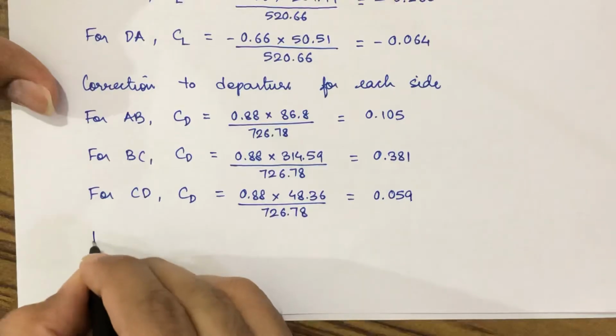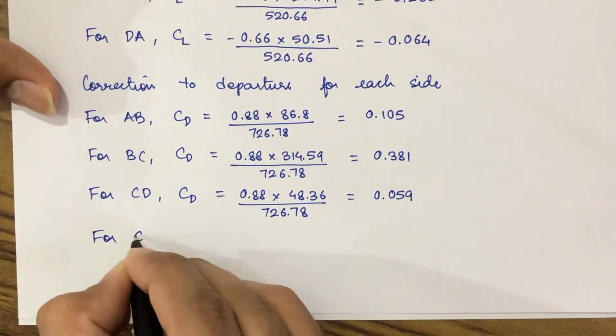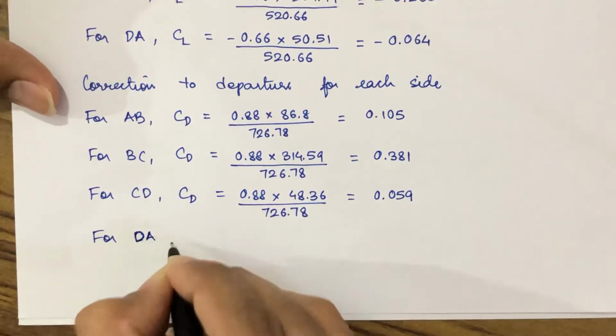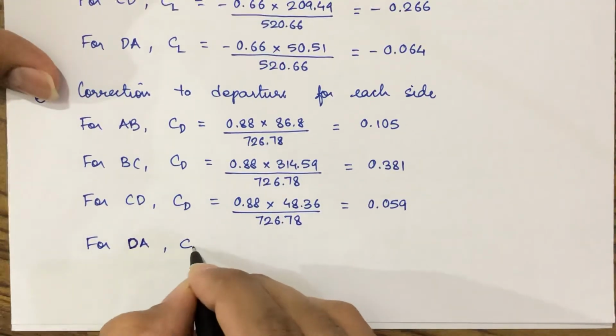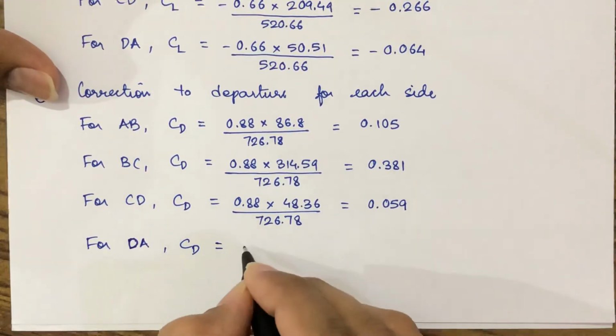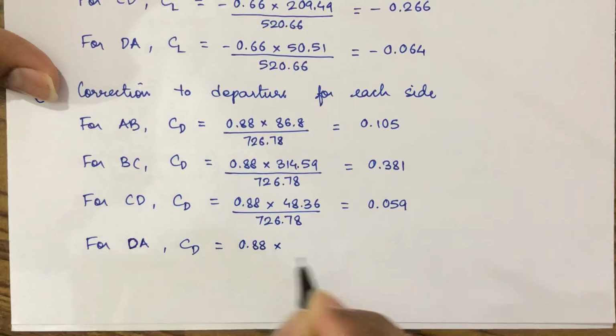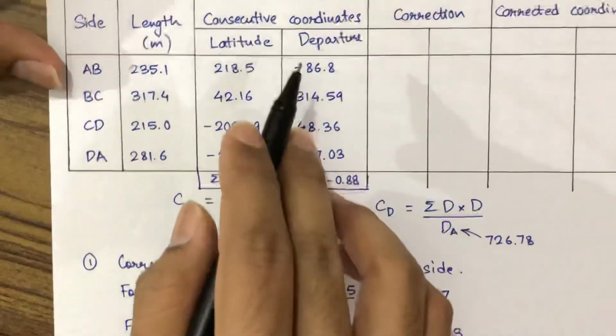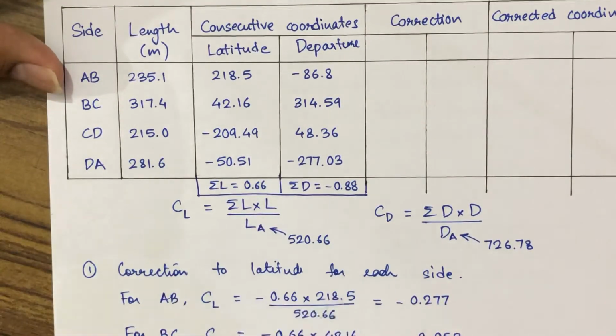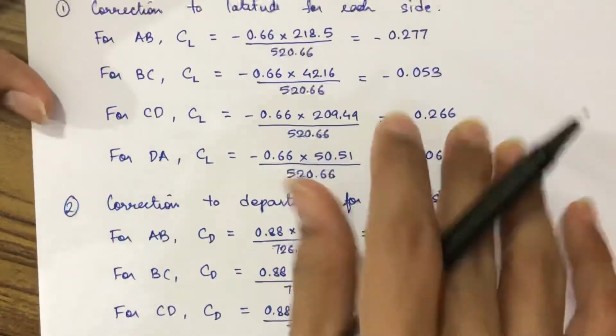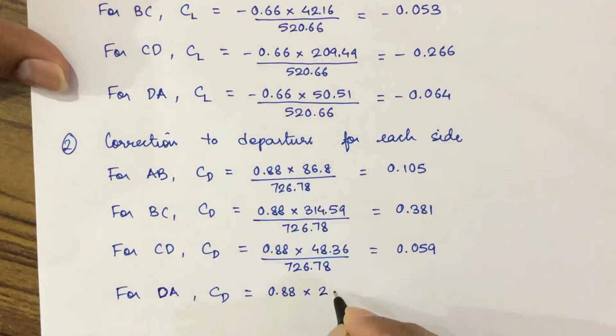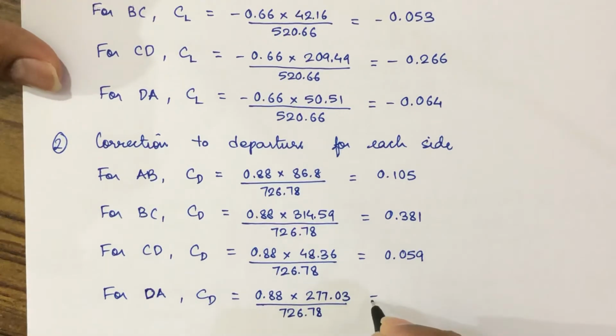And finally, for side DA, the correction to departure will be 0.88 into departure for DA, which is 277.03. Don't consider the minus sign. So this will be 277.03 upon 726.78. It comes out to 0.335.